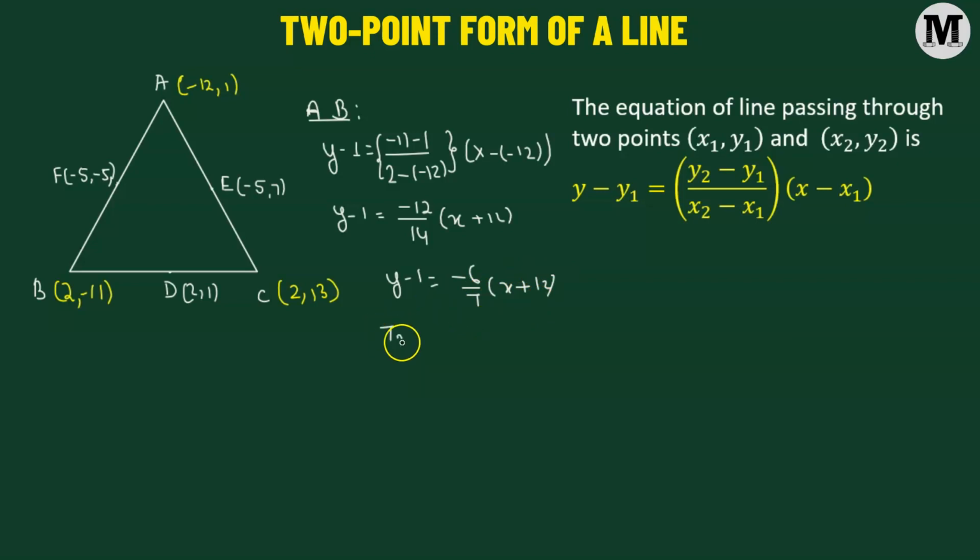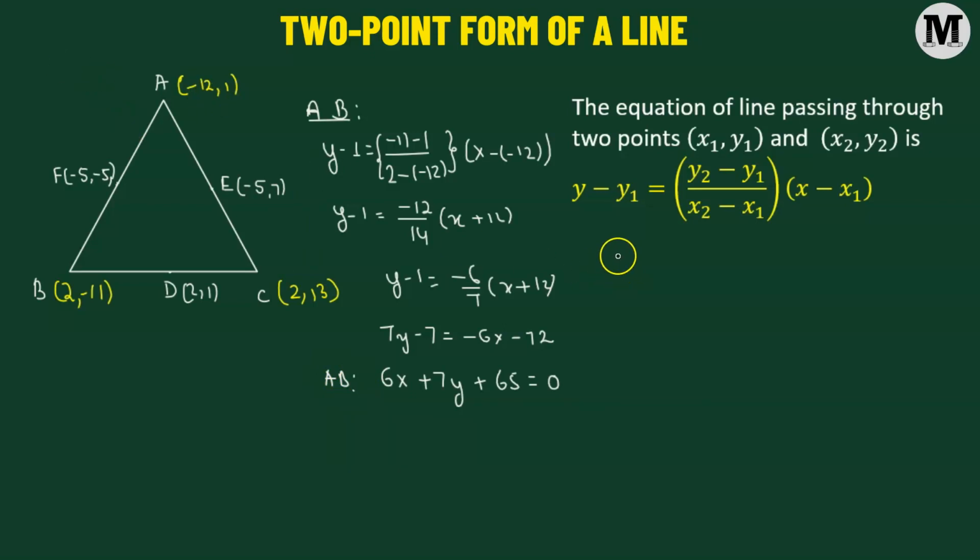Multiplying with 7, we get 7y minus 7 equals negative 6 times x plus 12. So we have negative 6x minus 72. We now have 6x plus 7y plus negative 7 plus 72. So that's going to be 65 equals 0. So this is going to be the equation of our side AB of the triangle.